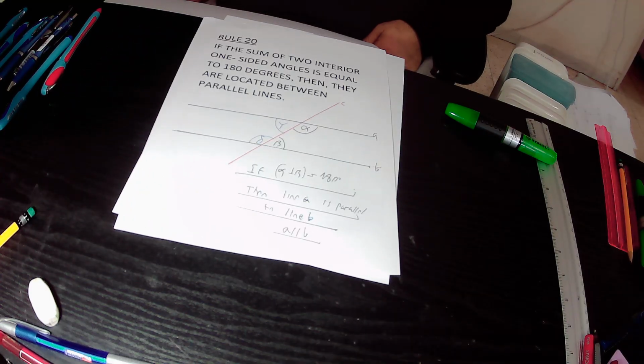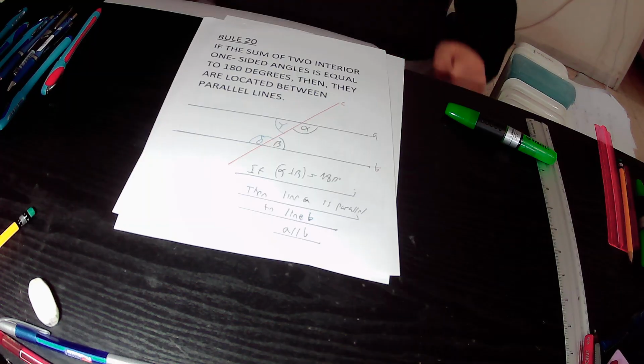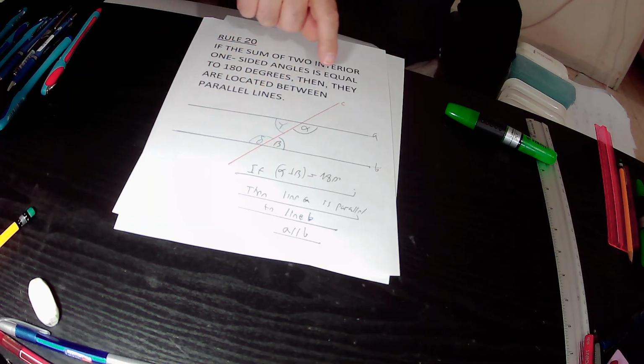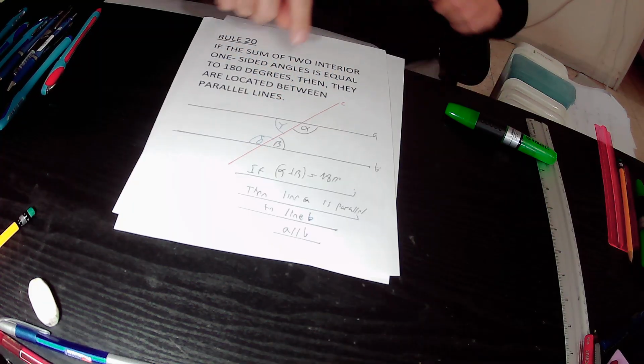the sum of two one-sided angles is equal to 180 degrees. If the sum of two angles is equal to 180 degrees, then they must be located between parallel lines. Here, line A and line B, and this is line C that cuts those two lines A and B at those two points.